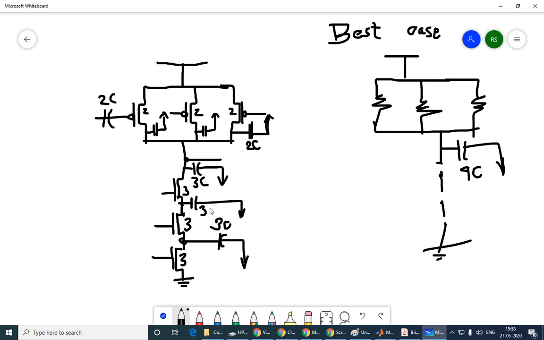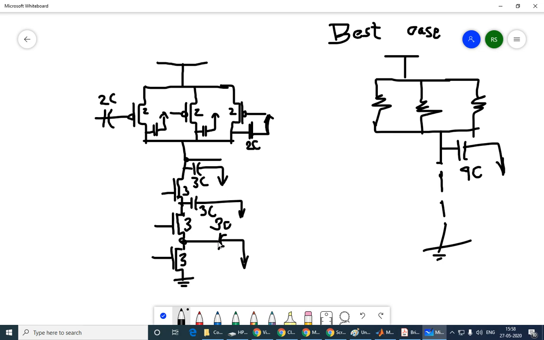So we have to use these nodes also in the calculation. That is the main difference between the Elmore delay model and the RC delay model. Now in the Elmore delay model, these nodes are also going to come into the picture. But the only question is, how much do they contribute?